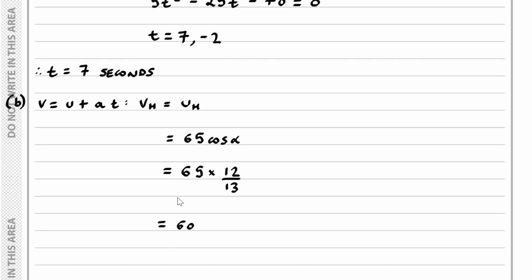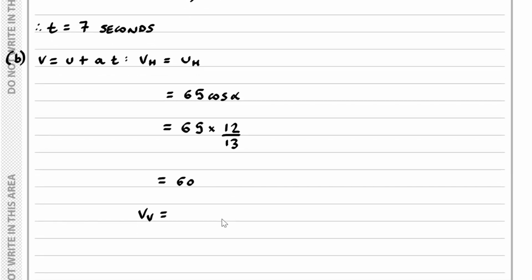Now, we can find out what the vertical is. That's equal to u vertical minus g multiplied by t. We have 65 times by sine alpha minus g, which is 10, multiplied by t, which is 7.